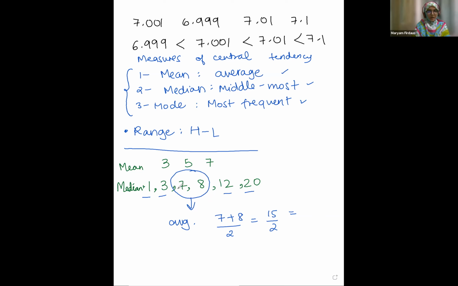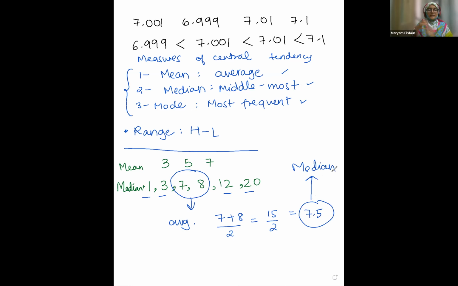If you take a look at the number line, if you have 7 here, 7.5. Yes, very good. So 7.5 is the average of these two, and this is my median.